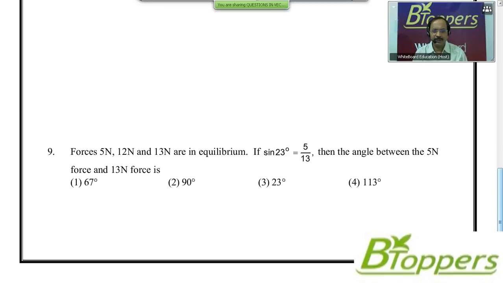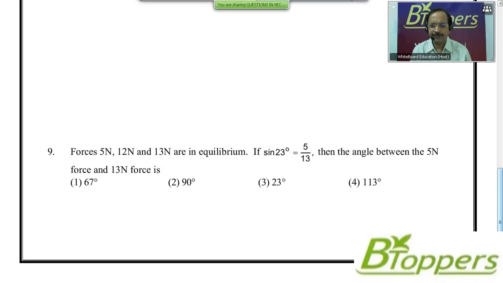Forces 5 Newton, 12 Newton and 13 Newton are in equilibrium. If sine 23 degrees is equal to 5 by 13, then the angle between the 5 Newton force and 13 Newton force is. Four options are given. First option 67 degrees.